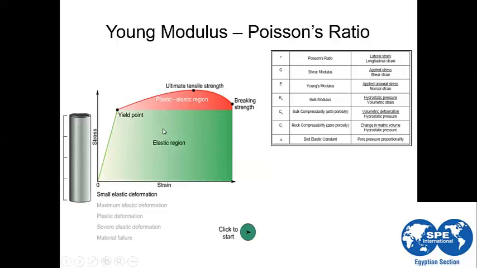The green area is called the elastic region. At the yield point, for any material, once you release the tension that you applied on this material, it will return back to its original shape.